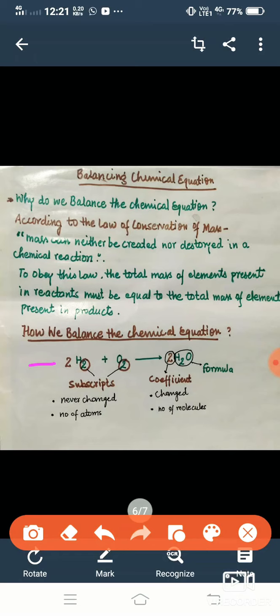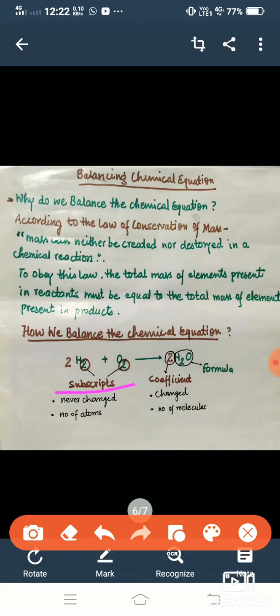Here these two show the subscripts and these two show the coefficients. A subscript is always written below the atom, and a coefficient is always written at the front of an atom or formula.